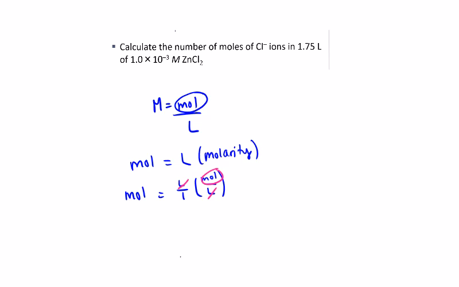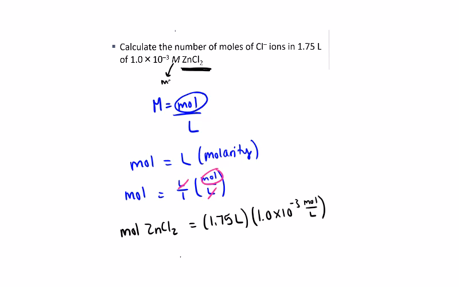Okay, so let's take the information that we're given. For my number of moles, and remember, I'm still working with the compound, so moles of ZnCl2 is going to be equal to 1.75 liters of solution multiplied by 1 times 10 to the negative third moles per liter. So again, anytime you see the letter M, moles over liters.